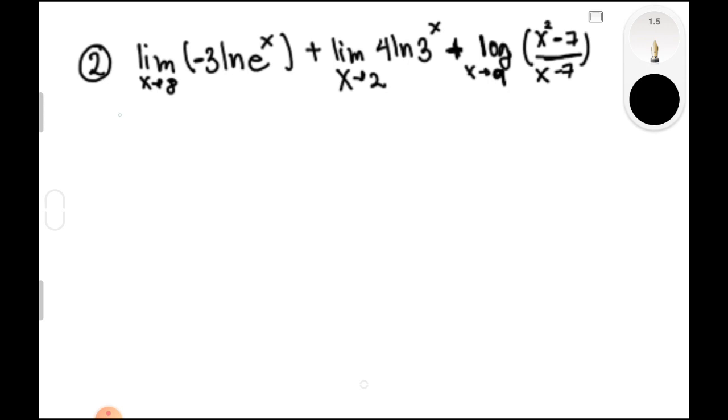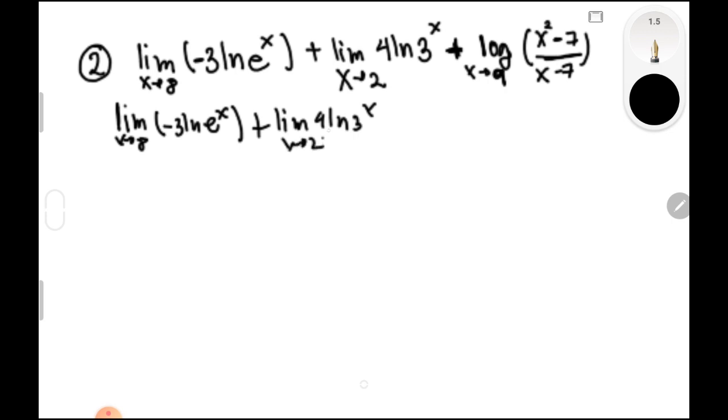So we will have the limit of negative 3 ln of e raised to x as x approaches 8, plus the limit of 4 ln 3 raised to x as x approaches 2, plus log of x squared minus 7 divided by x minus 7 as x approaches 9.